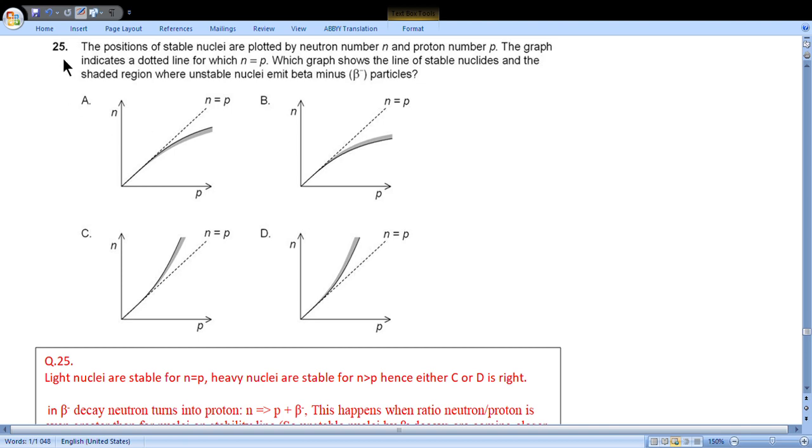Question 25. The positions of stable nuclei are plotted by neutron number n and proton number p. The graph indicates a dotted line for which n equals p. Which graph shows the line of stable nuclides and the shaded region where unstable nuclei emit beta minus particles?